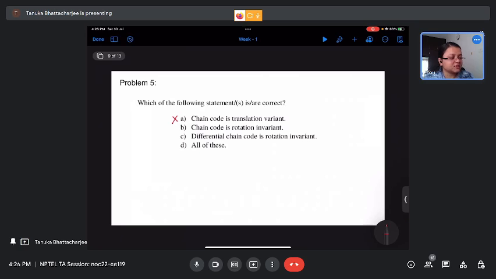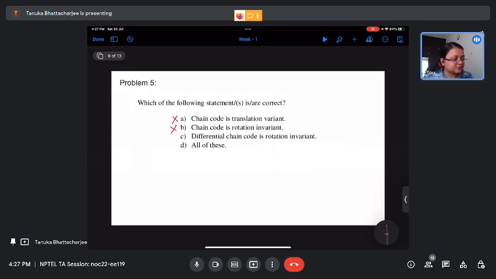Next is, chain code is rotation invariant. It is not rotation invariant. If you rotate the figure, then the direction of the lines will change and your chain code will change. So chain code is not rotation invariant.